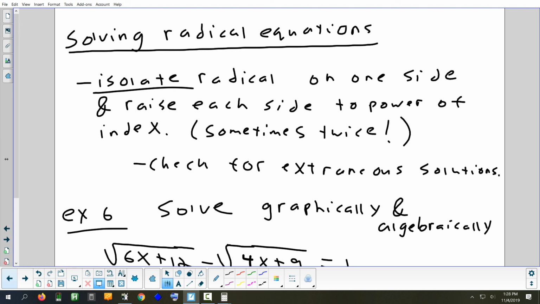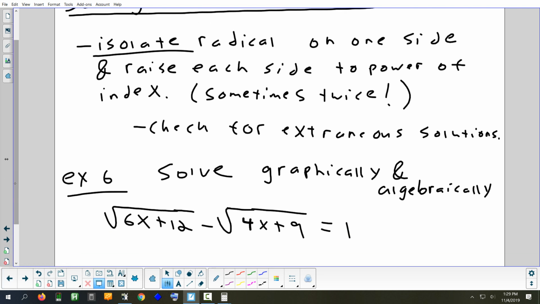Once you isolate a radical, you want to raise each side to the power that would cancel out the radical. So if you have a square root, square. If you have a cube root, cube. Do the opposite of whatever root you have. Now, sometimes you're going to have to do this twice.